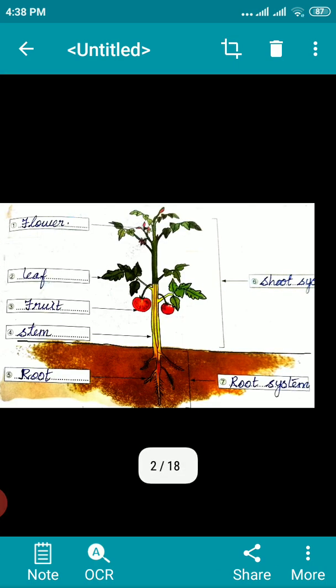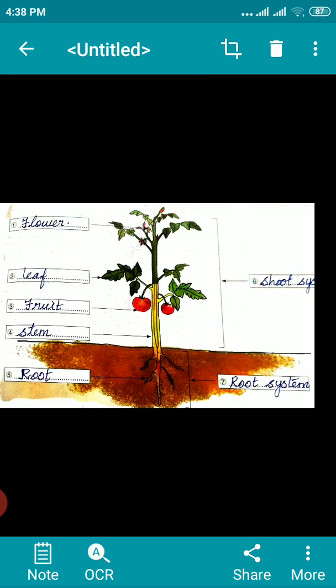In the picture you can see a plant body basically consists of two systems, root system and shoot system. The shoot is the part of the plant which is above the ground.